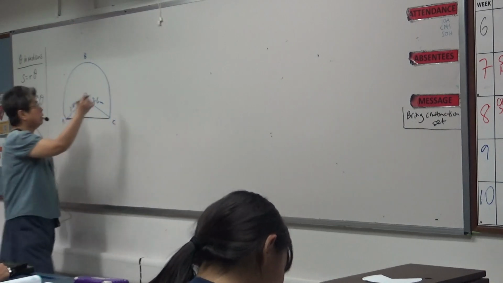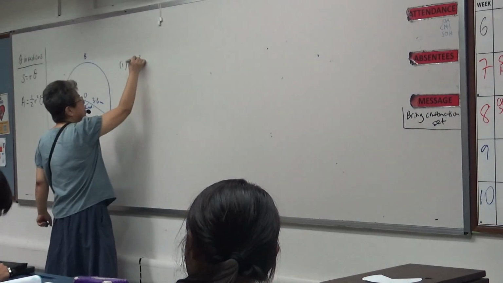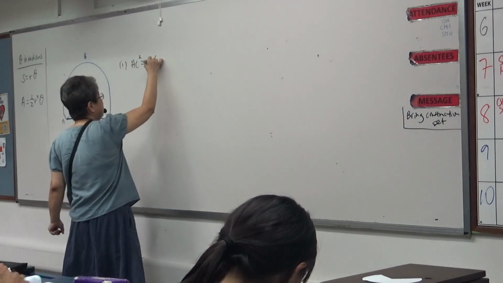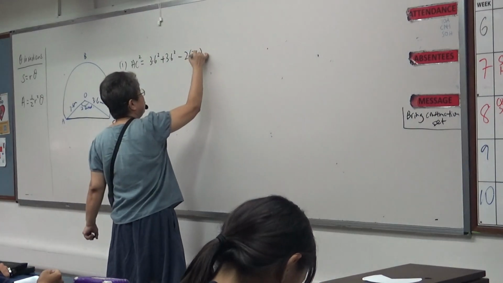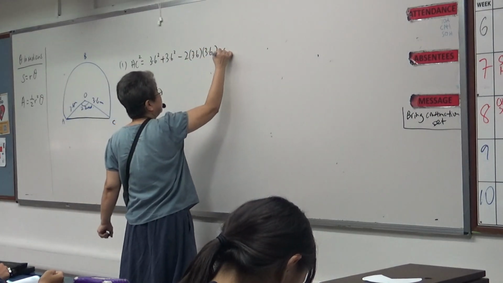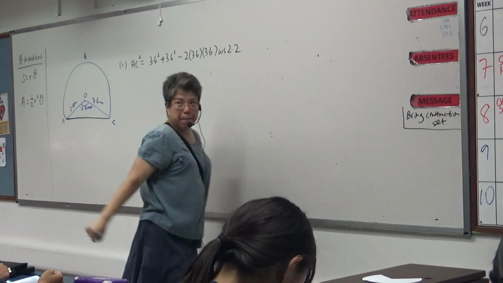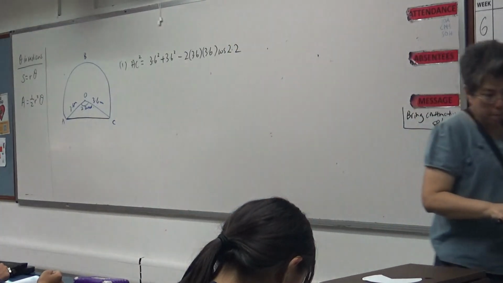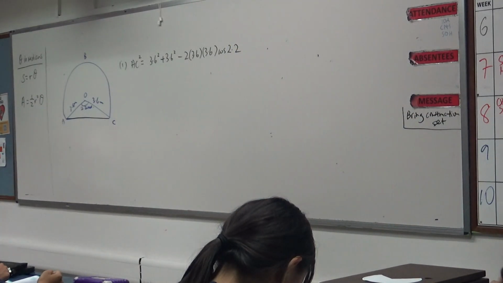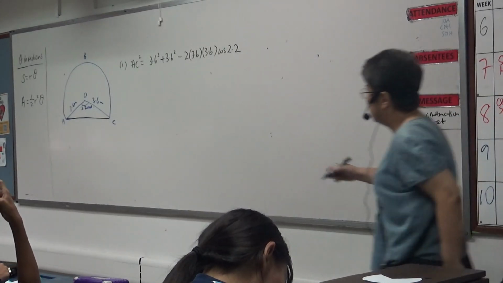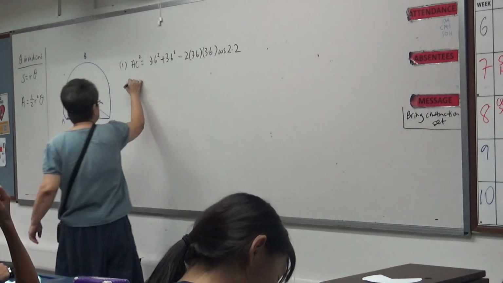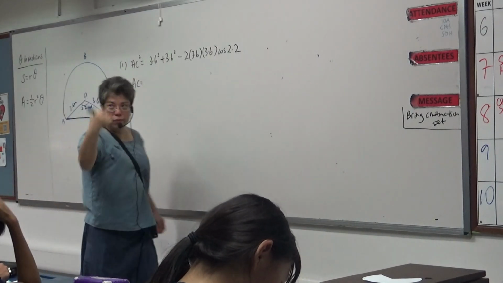Everybody clear? So, I will add part 1. AC squared is 3.6 squared plus 3.6 squared minus 2 times 3.6 times 3.6 times cosine 2.2, right? Am I right now? So, my AC will be the square root of this one, right?